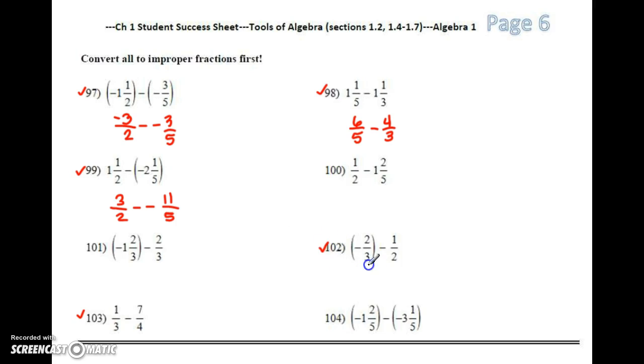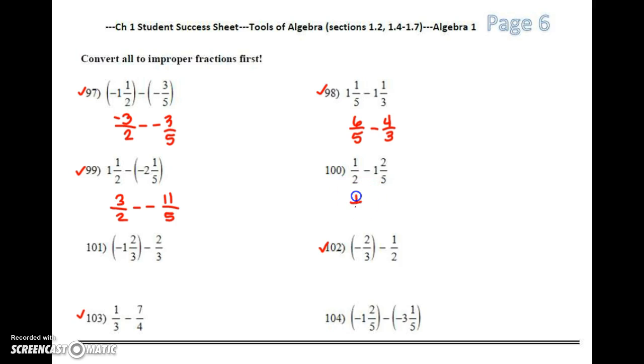Right, and then this one is already ready to go, so we don't need to do it. We don't need to do that one. So go ahead and do 100, 101, and 104, changing those. Pause, make them improper fractions, and then get ready to subtract.